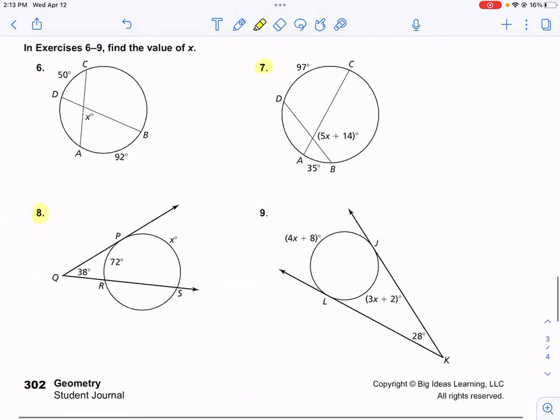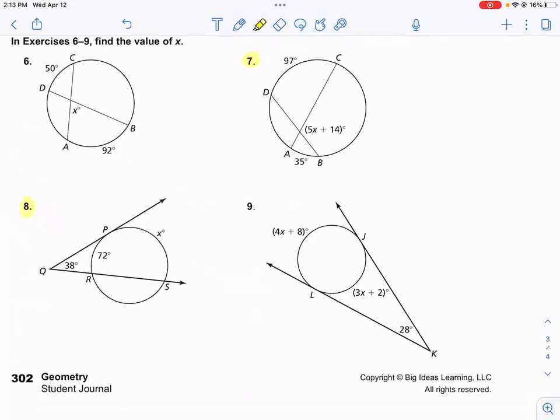That's 6, 7 and 8. Try 7 and 8. Ready, set, go. Seven and 8 on the next page.